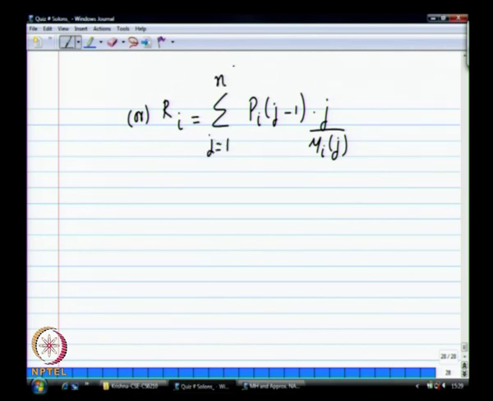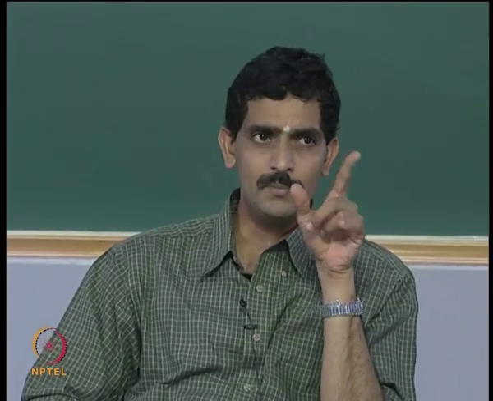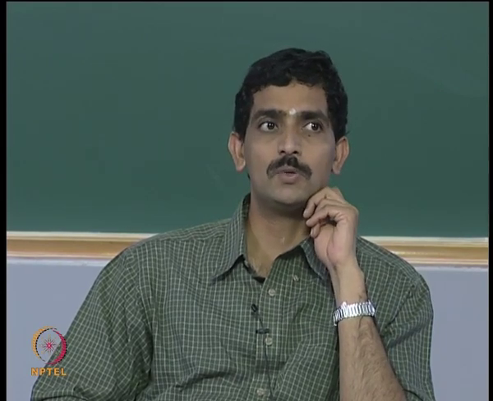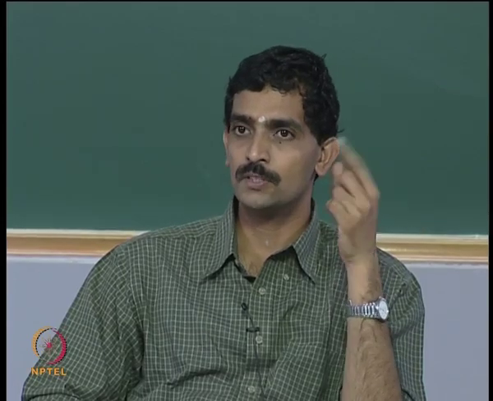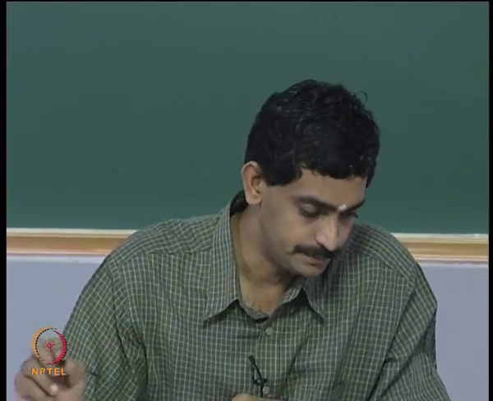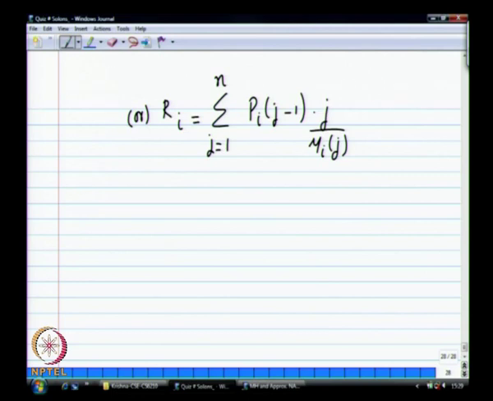So n is your current value of the outer loop index. Remember this is what we did, Ri when there are n customers, there I had this extra j minus 1 and n minus 1, which I have removed because that is implicit. I just need this one array Pi to do that, I do not need the two-dimensional array. So it is simply if there are j minus 1 customers in the system, then what is the probability, into j.